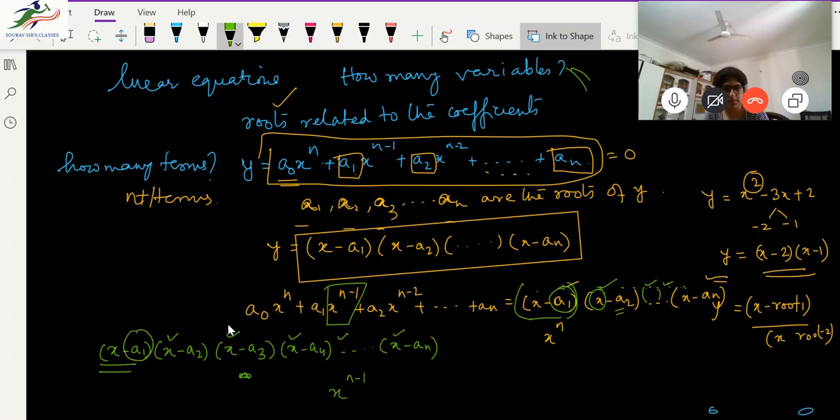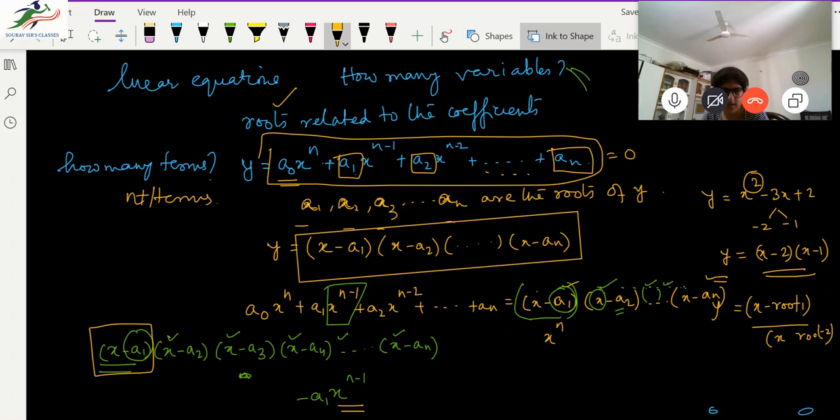And with that, I will multiply the constant term of the first term, right? So what I'm doing is I am just taking this term out and I'm multiplying the x terms of all the other terms. So that will give me x to the power n minus 1.